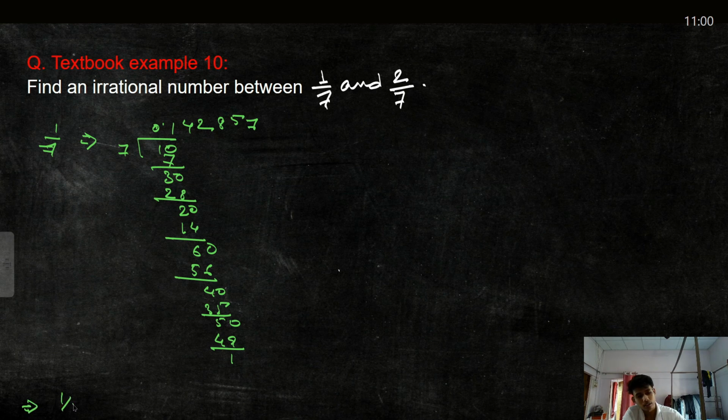That implies 1 by 7 equals 0.142857 bar.